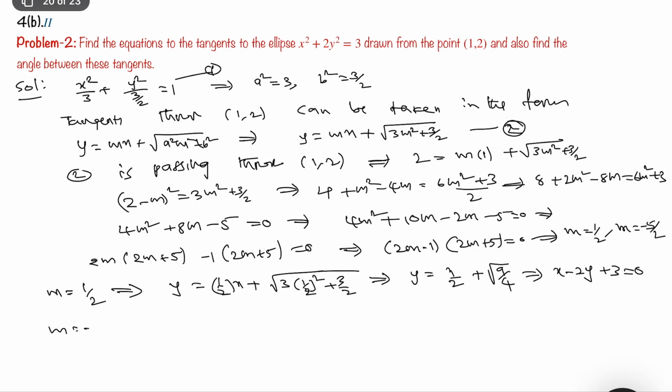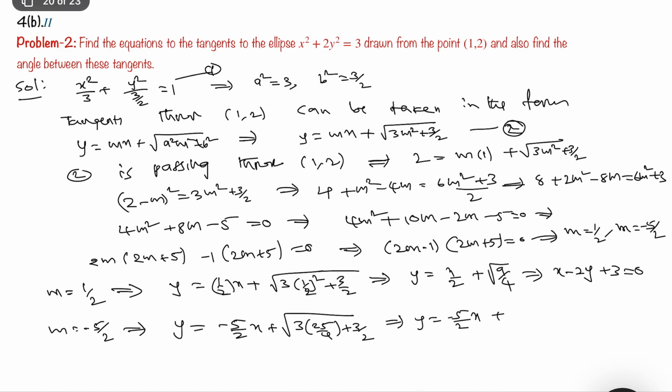For m equal to minus 5 by 2, the corresponding tangent will be y equal to minus 5 by 2 x plus under root 3 times minus 5 by 2 whole square, which will be 25 by 4, plus 3 by 2. This will be y equal to minus 5 by 2 x plus under root, so it will be 75 plus 6, 81 by 4.